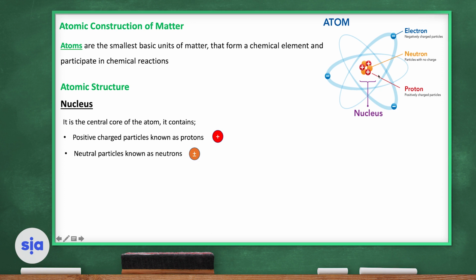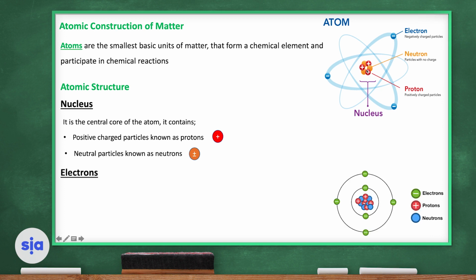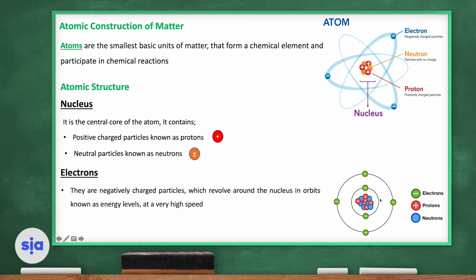Protons and neutrons are found in the center, or in the nucleus, of the atom. And here we have electrons, the green electrons. They are negatively charged. They carry negative charge, and they revolve around the nucleus in orbits. These orbits are called energy levels. They move at a very high speed.